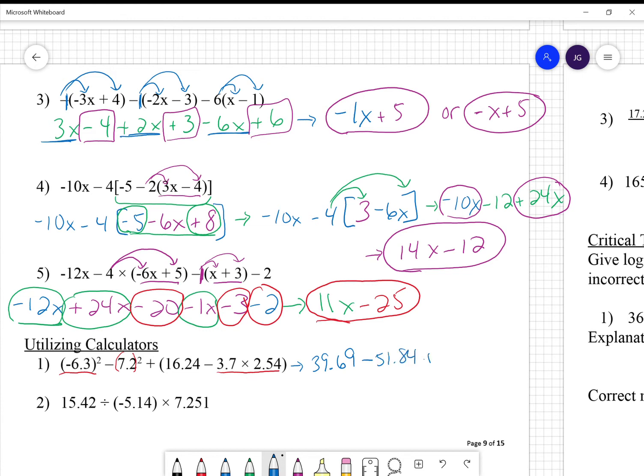51.84, plus I have 16.24 is the original, minus, when I do this multiplication, I get 9.398.